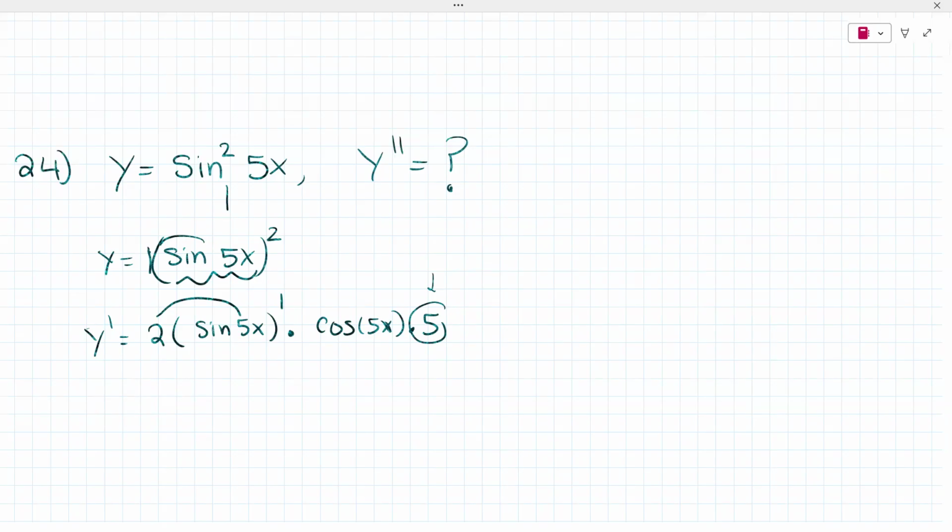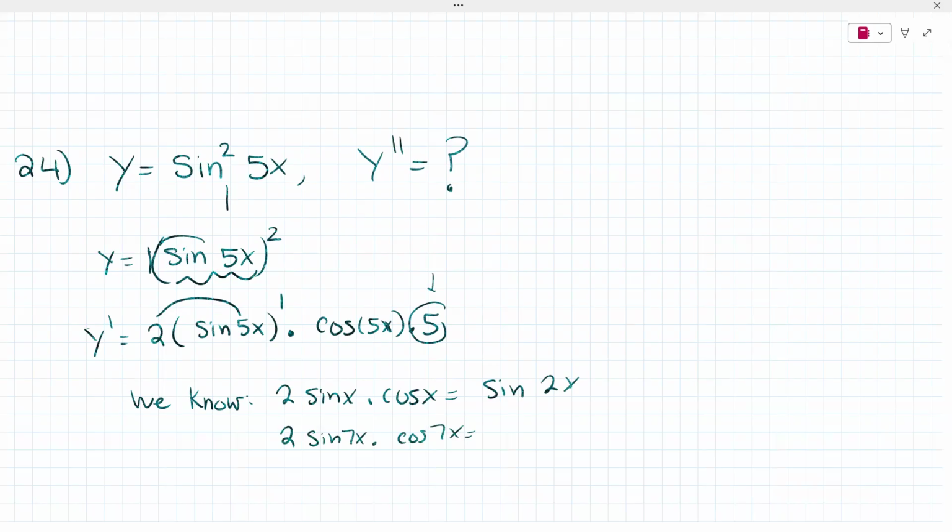What you could do is use your identity. We know that 2 sine of x times cosine of x is equal to sin of 2x, right? And another example is if you have 2 sine of 7x times cosine of 7x, it's the same thing as sine of 14x.